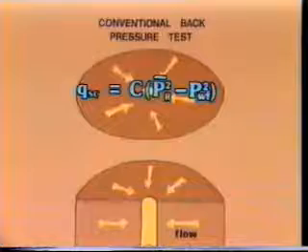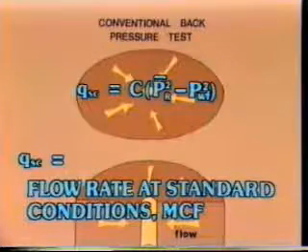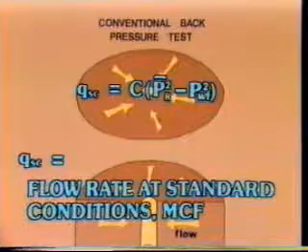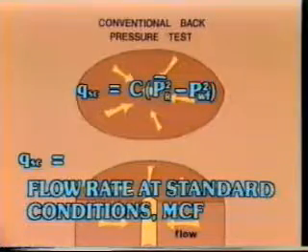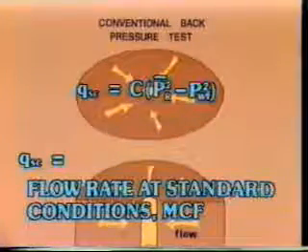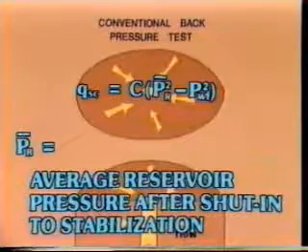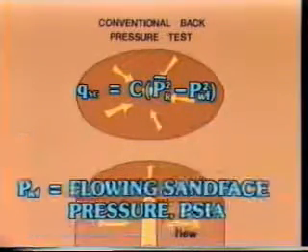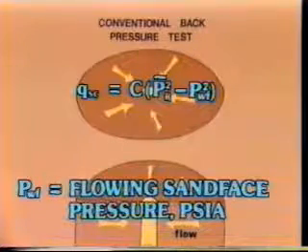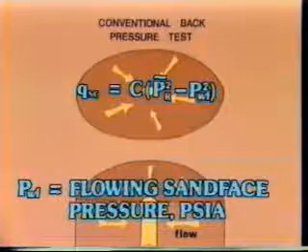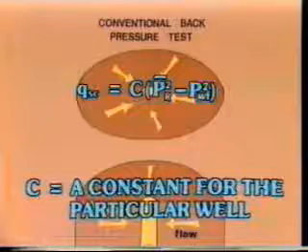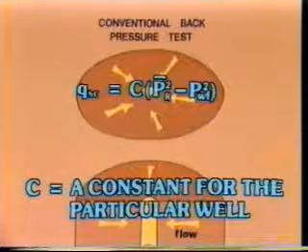In this equation, Q sub SC is the flow rate at standard conditions in 1,000 cubic feet per day. P sub R is the average reservoir pressure in psia. P sub WF is the flowing sand face pressure in psia. And C is a constant for the well.